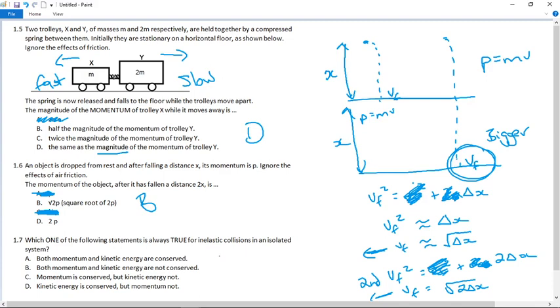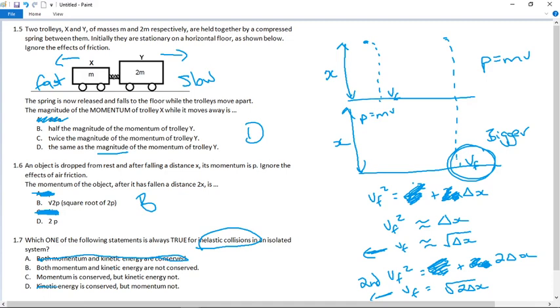Okay, 1.7. Which one of the following statements is always true for inelastic collisions in an isolated system? Well, in an inelastic collision, what is not conserved? Kinetic energy is not conserved. So I've got 2 here. This one says energy is conserved, so we're going to get rid of it immediately.